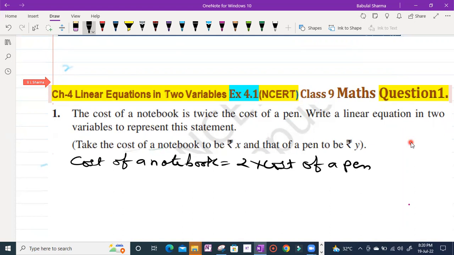It is given. So we consider, let the cost of a notebook be rupees x and the cost of the pen be rupees y. So we can write x is equal to 2y, or we can write x minus 2y is equal to 0. And this is our equation, that is a linear equation in two variables. So this is the answer of this question. ये इस question का answer है.